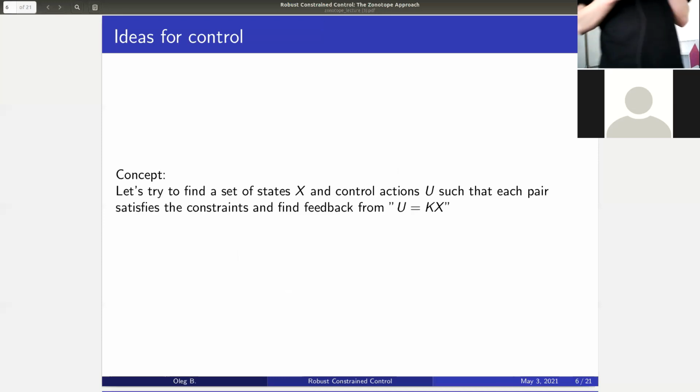The concept of this solution is a recent, different approach for solving this type of systems. It designs states and actions on trajectories and finds feedback after that.